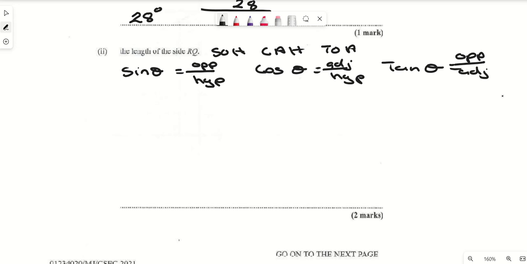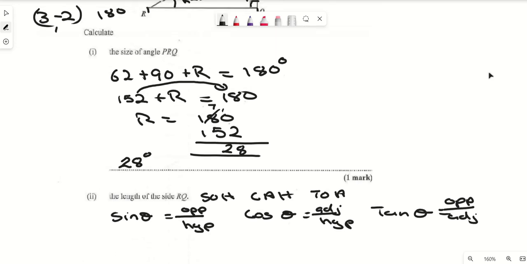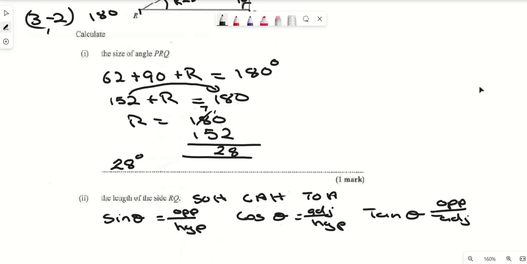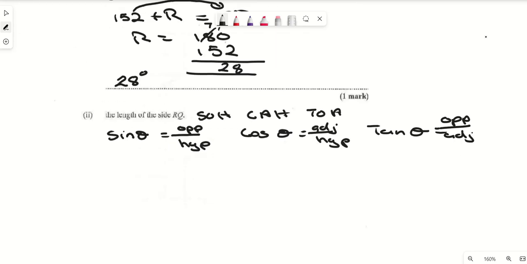Now, to tell which formula you would use, look at the question: they give you a hypotenuse. So right off the bat, we know that we cannot use tan because tan is opposite over adjacent and that has no hypotenuse in it. So it's either sine theta or cosine theta that we're going to use.